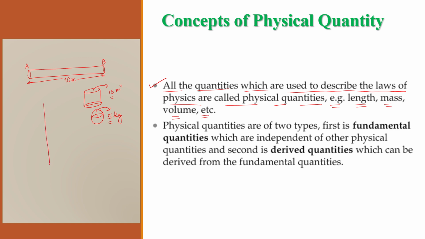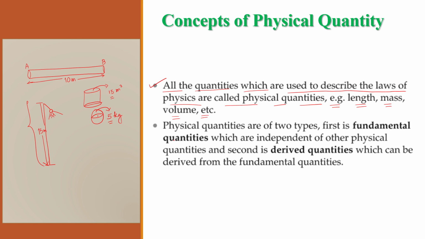We are considering a lamp post. The lamp post is hung from a certain height. So the length of the lamp post is, as for example, 15 meter from the ground. So it's a measurable physical quantity. So it is a physical quantity.